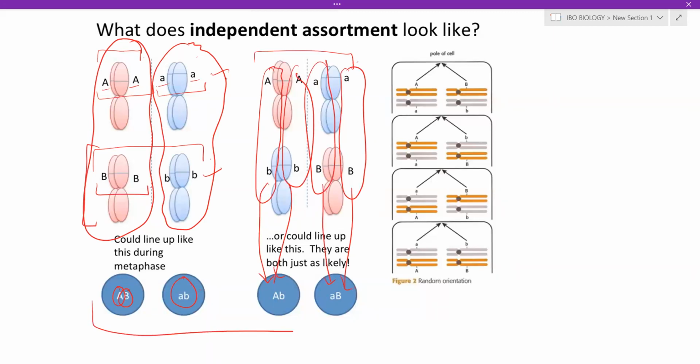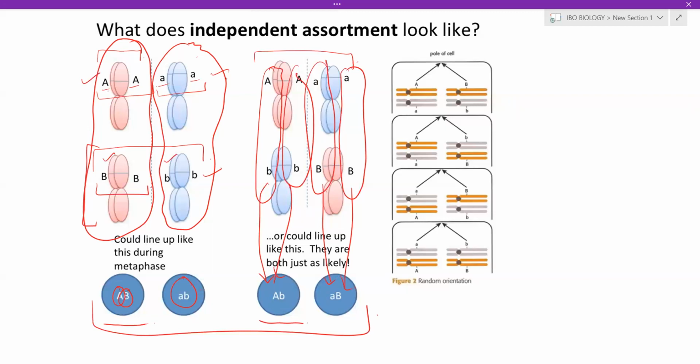These are the four different gametes with their genotypes that you will get. This is what independent assortment looks like. Inheritance of A does not affect the inheritance of B. With capital A, you can have a capital B or a small b. It doesn't matter. You can have both.